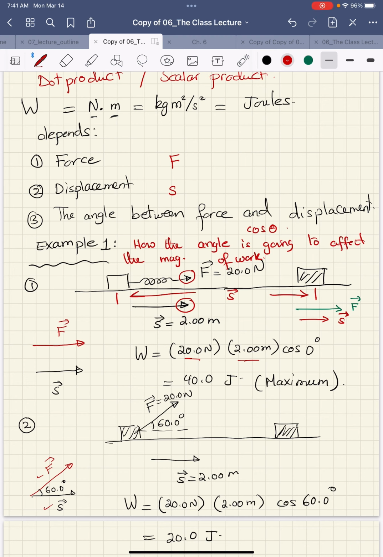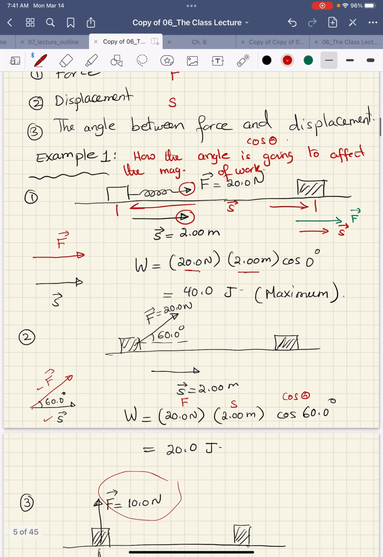Just a reminder that this angle is not measured from the positive x-axis; it is measured between the two vectors. Then W, the work done, is 20, which is the force, times S times cosine of the angle, and the angle now is 60, and cosine 60 is 0.5.